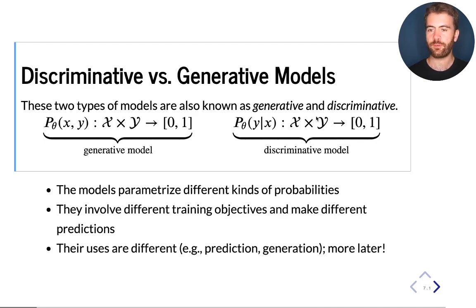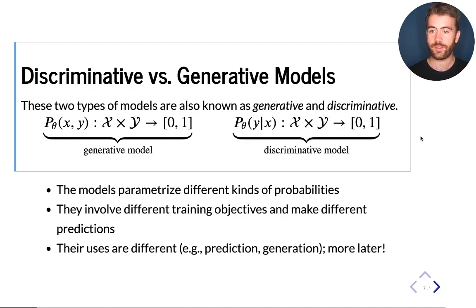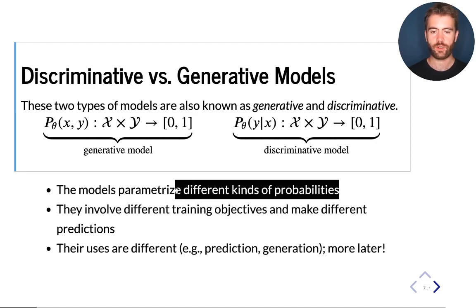Here, the kind of function that we parameterize has really different properties. Now we only need the probability to sum to 1 for every y. So the kinds of functions that we would use to specify these models would be different because these probabilities have really different properties. And that is the first point that I wanted to make here.